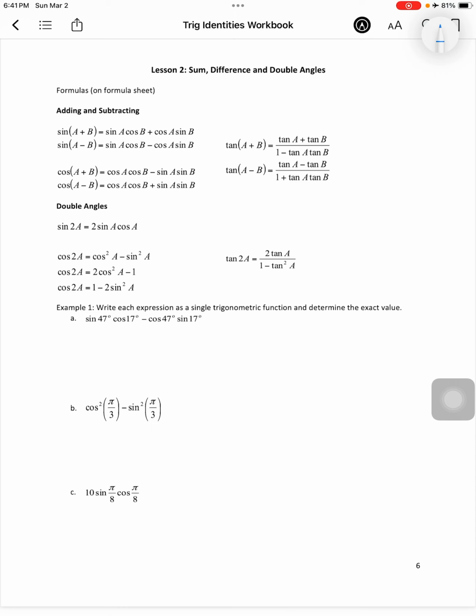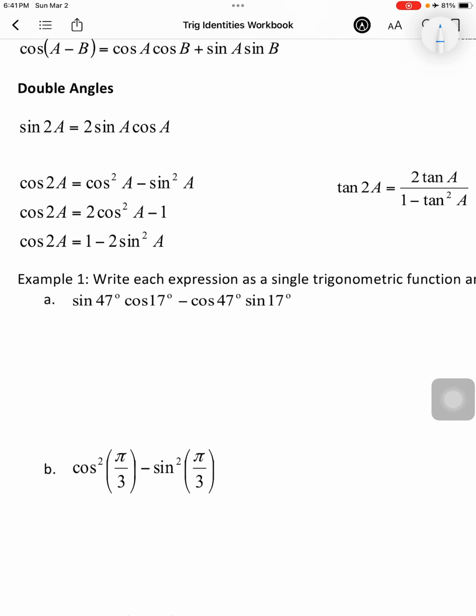So here, write each expression as a single trigonometric function and determine the exact value. So what you should notice here is that despite them saying sine and cos, we see the numbers 47 and 17 repeating. So from left to right, we're just going to label this by A's and B's.